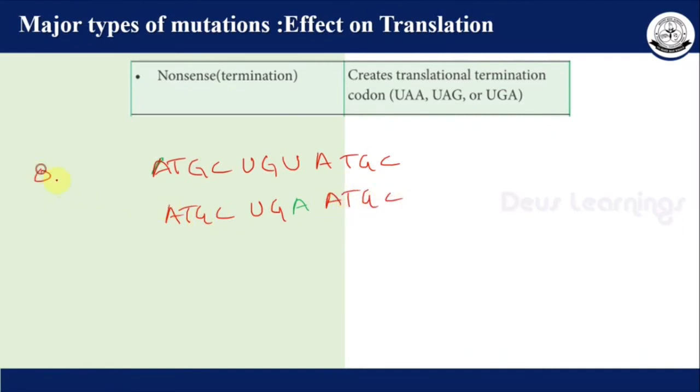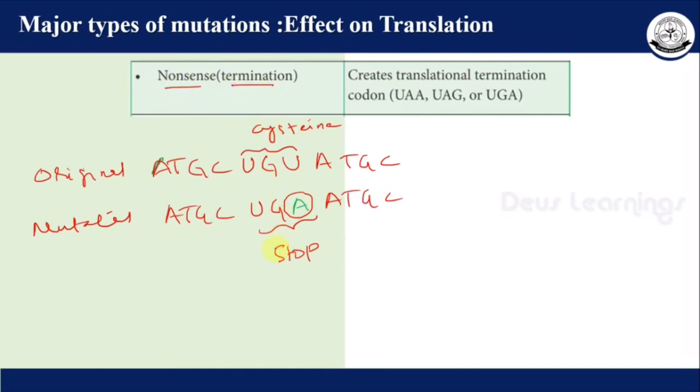So this is the original, this is mutated. The original was making the amino acid cysteine. As you see, there is a change in nucleotide. Instead of U there is an A, and that's a stop signal. So that will be called nonsense or termination. Here the translation stops.